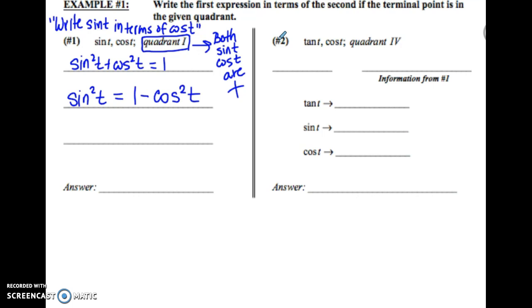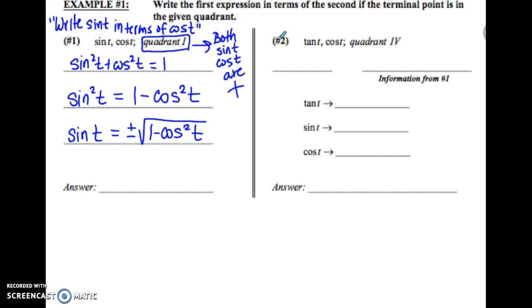Now, just like any other algebra problem, if I want to undo something that is squared, I have to square root both sides. When I square root both sides of this equation, the square root of sine squared t is just sine t is equal to, and then I have plus or minus square root of 1 minus cosine squared t. Now back to the beginning of the problem where they told us that the terminal point is in quadrant 1.